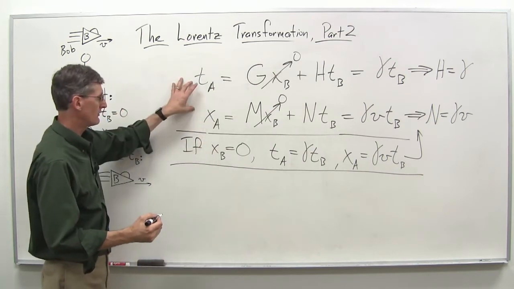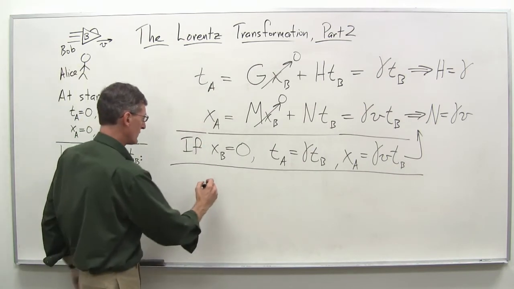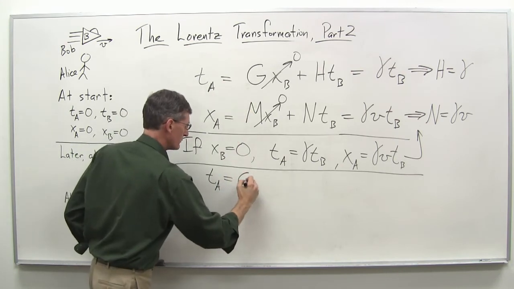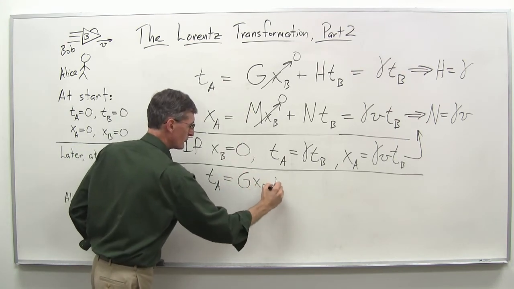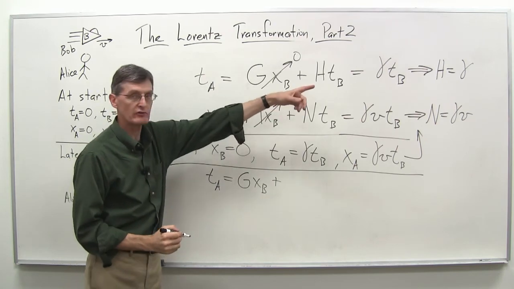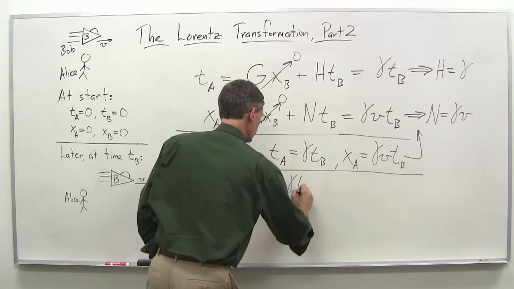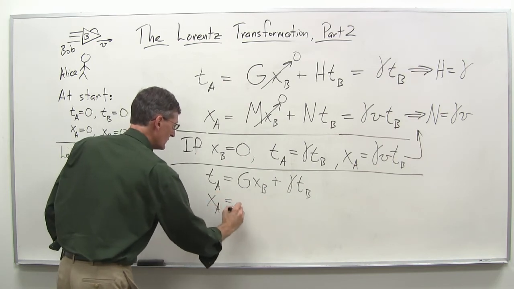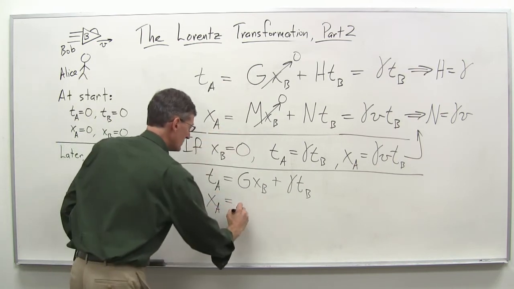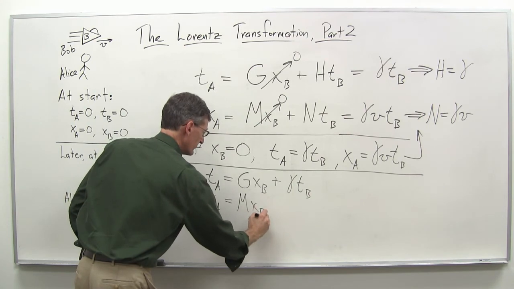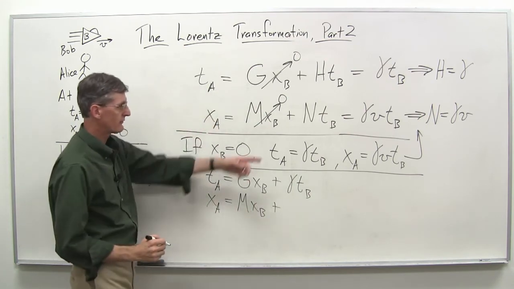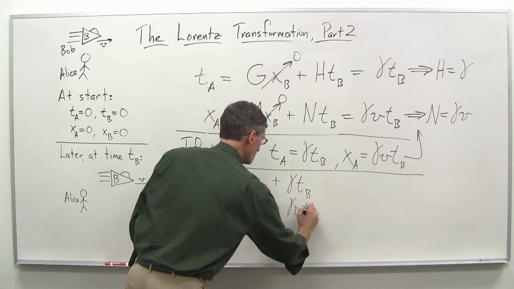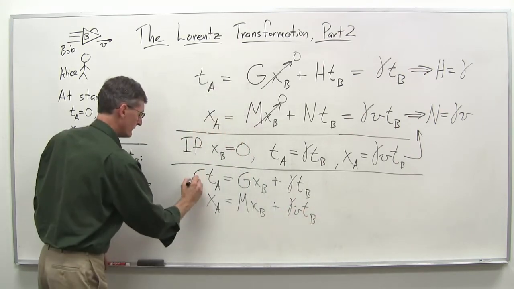Because now we can write our general equations like this. TA equals G XB plus H, which is gamma, times TB, so plus gamma TB. And XA equals M times XB plus N, which is gamma V, times TB.